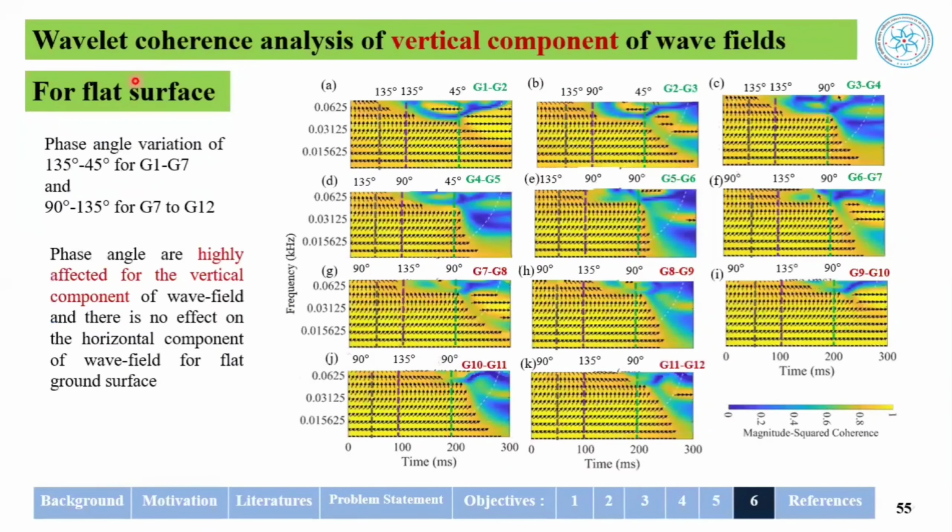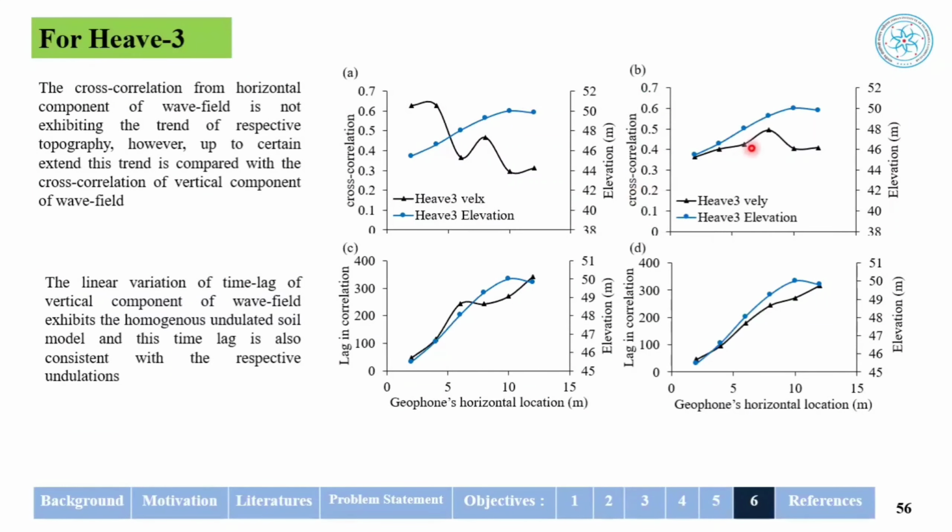In the case of the heaps, the cross correlation from the vertical component follows the respective topography, and the time lag analysis also shows a linear variation from the vertical component. The horizontal component is not showing significant variation for the flat surface. So this cross correlation is just to see how the variation is consistent with the respective topography.